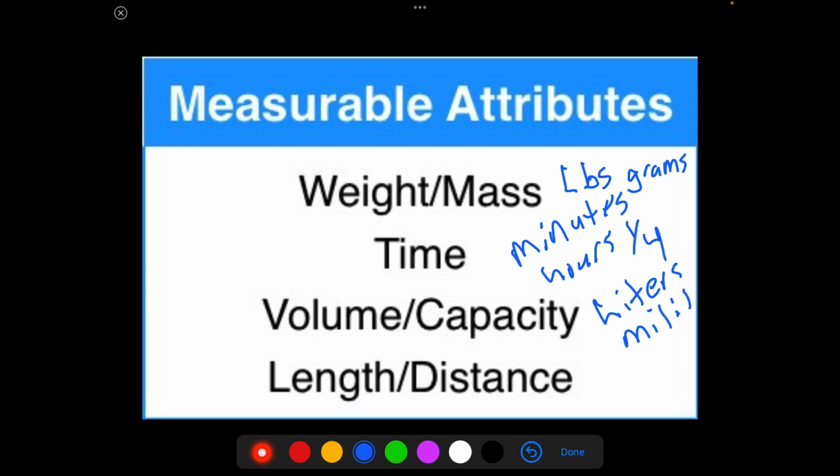What about length? What do we use to measure length and distance? Well, for length and distance, we might use inches, miles, centimeters. So a bunch of different things that we would use to measure all of those.